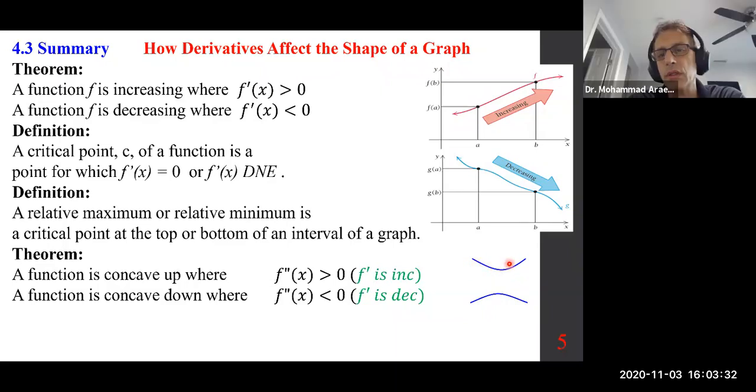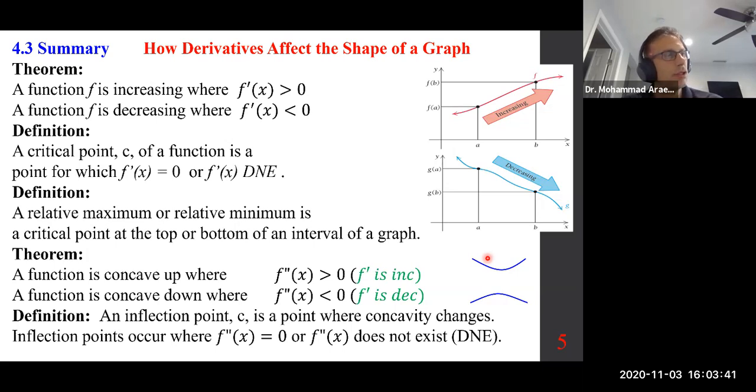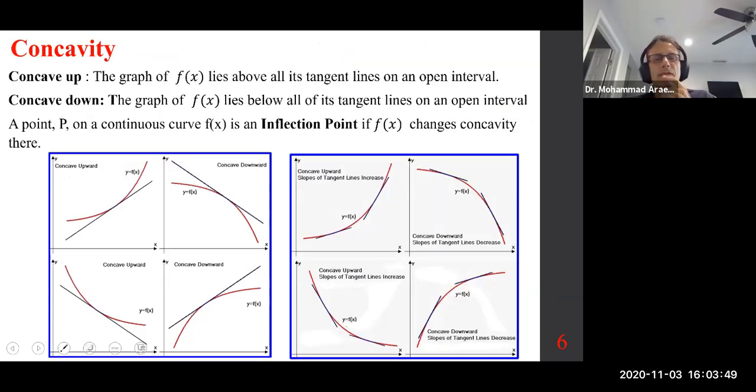Then it becomes 0, then it becomes positive, so f prime is increasing. And an inflection point is where concavity changes, and probably where f double prime is 0 or doesn't exist. If you look at these graphs, they will help us understand the concavity a little bit better.